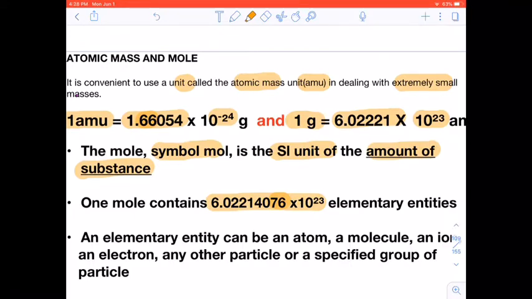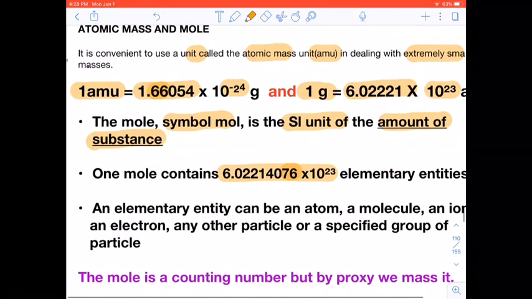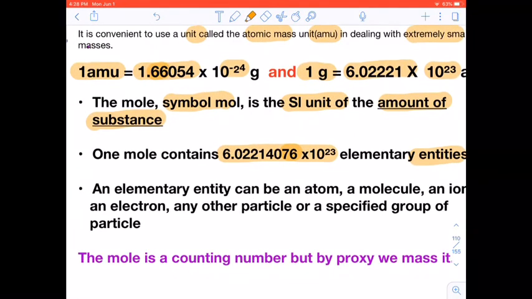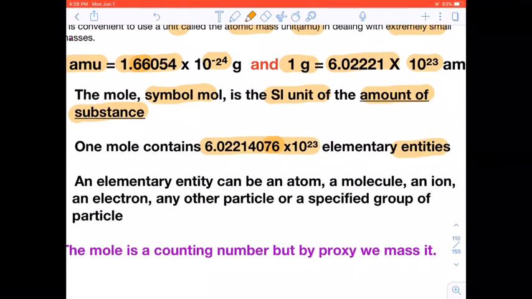Then we said, all right, it has the elementary entities. Now, what are the elementary entities? An elementary entity can be an atom. So if I say 1 mole contains 6.02 times 10 to the 23 elementary entities, and my elementary entities are atoms, if I talk of 1 mole of atoms, then it must be 6.02 times 10 to the 23 atoms.